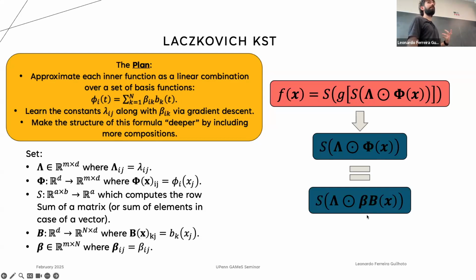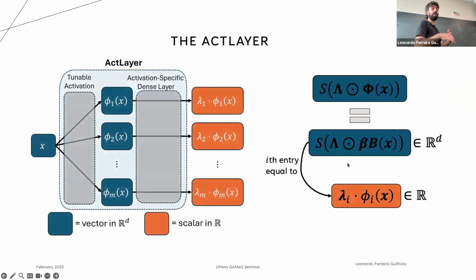So now we have something where the things that we want to learn are all just real numbers. There's going to be the matrix lambda over here and the matrix beta over here. Those are going to be our learnable parameters. And I'm going to talk a little more about why this part over here in blue is what we care about. If we want to represent this in a visual diagram, what this is doing is that the ith entry of this thing, right?